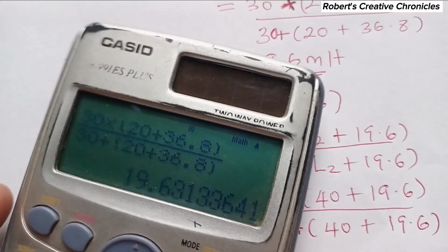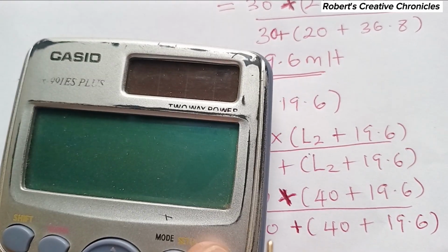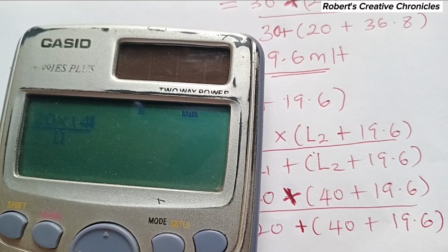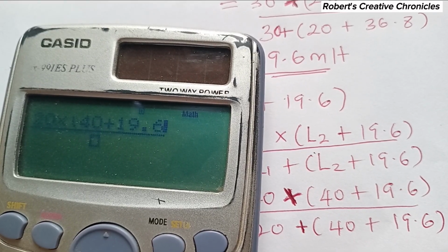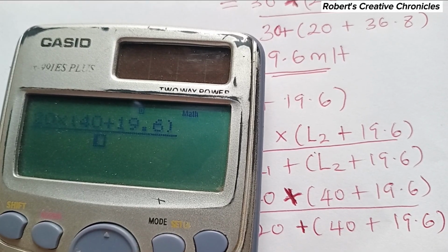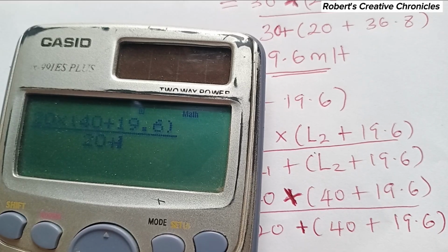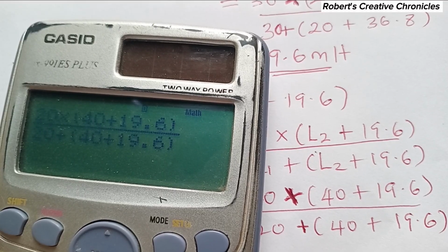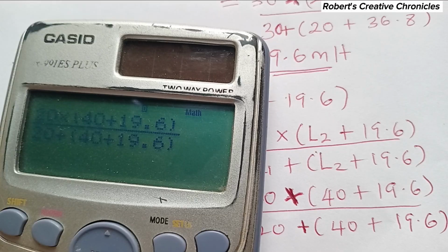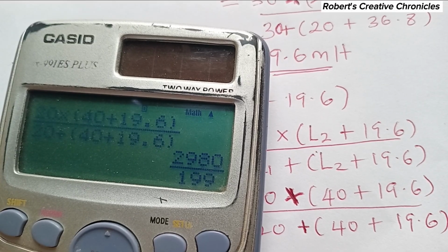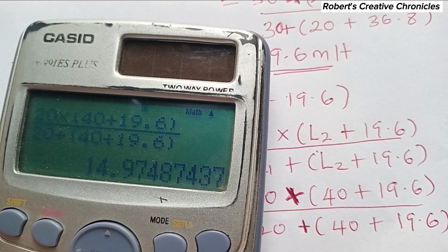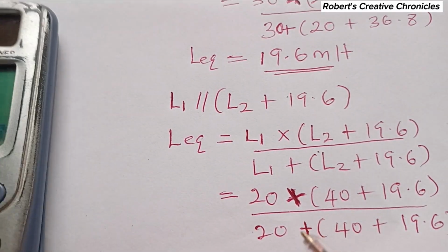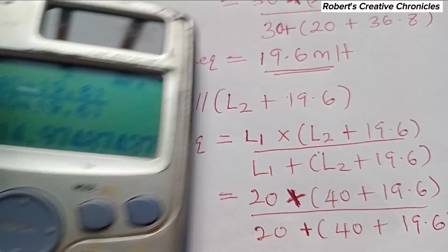So this becomes 20 times (40 plus 19.6) over 20 plus 40 plus 19.6, which is 14.97, approximately 15 millihenry.